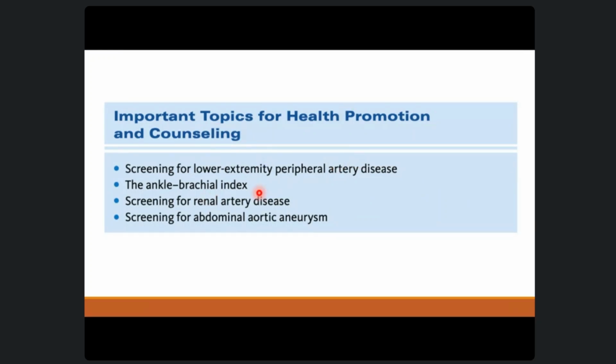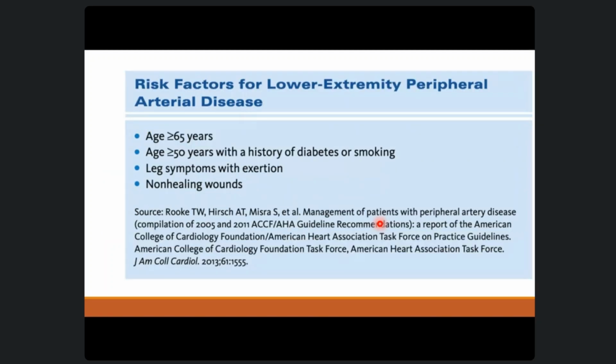So we need to screen them for lower extremity peripheral artery disease. So check for the risk factors or even screen them through the history itself. Computation of the ABI, or the ankle brachial index, screening for renal artery diseases, and the AAA, or the abdominal aortic aneurysm.